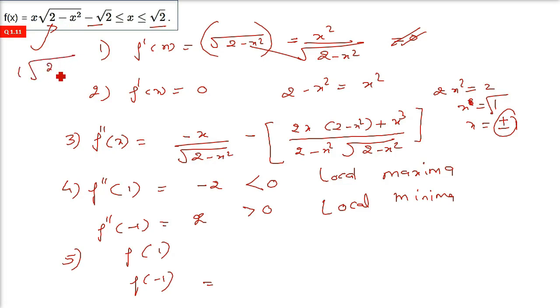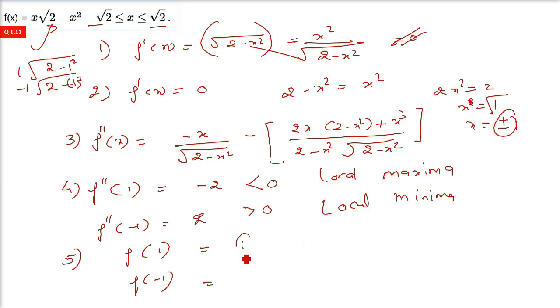That means we are replacing x by 1 and then negative 1. You can see here I am writing 1 and negative 1, and those values are the actual value of the function at these critical points, which is of course the y point, because y is equal to fx.